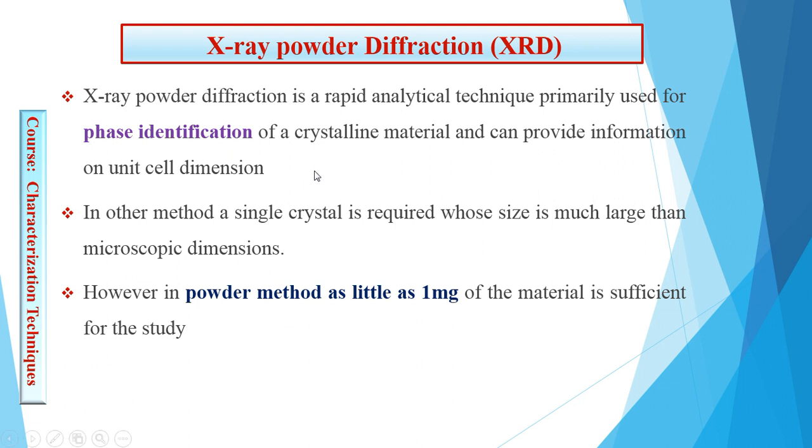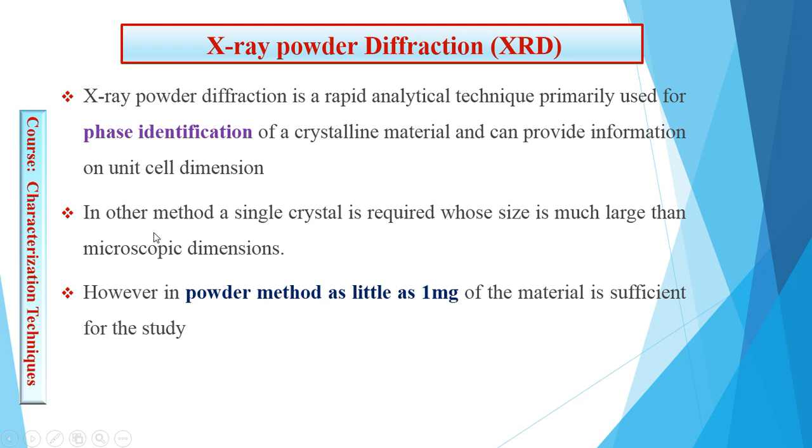So phase identification of a crystalline material is very important, and it can provide information on unit cell dimensions, because the unit cell dimensions have the lattice constants A, B and C. The identification of the phase can be obtained on the basis of the unit cell dimensions.